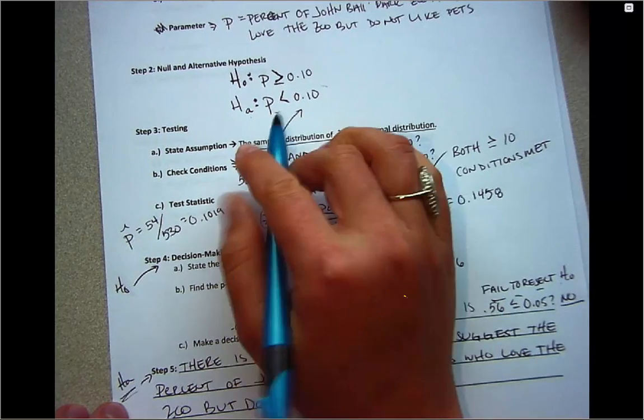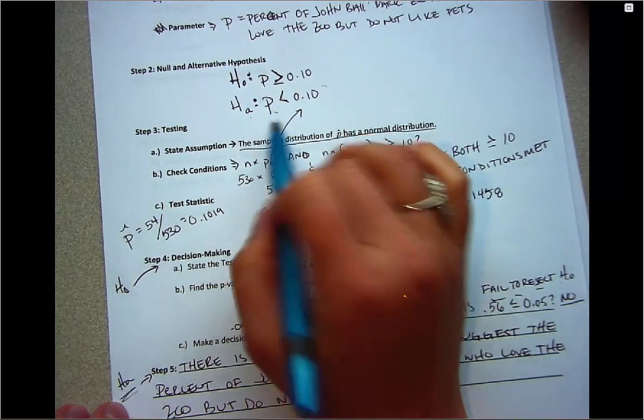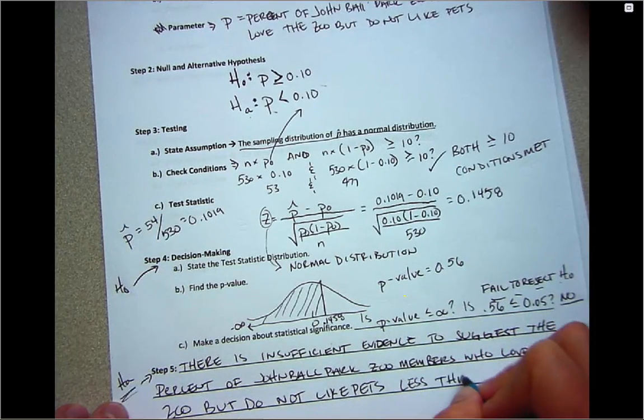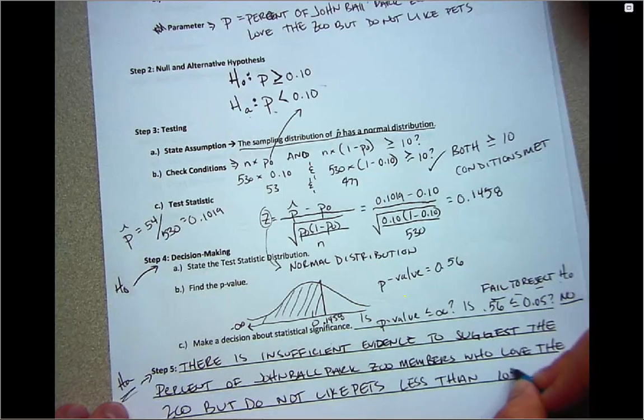And then the rest of the alternative was to show that it was less than 10%. So again, there's insufficient evidence to suggest the percent of John Ball Park Zoo members who love the zoo but do not like pets is less than 10%.